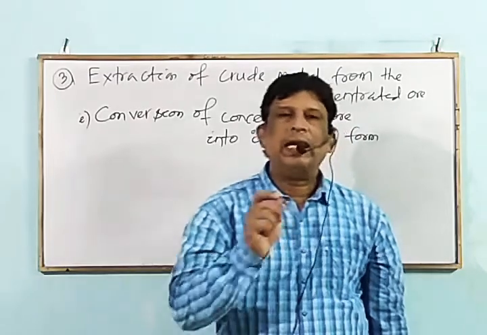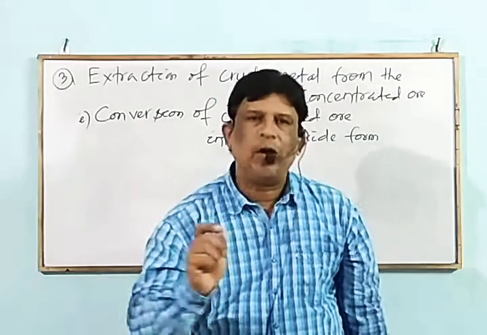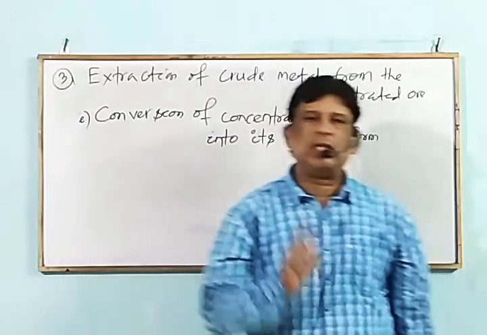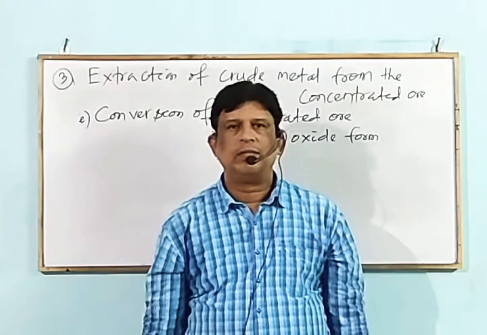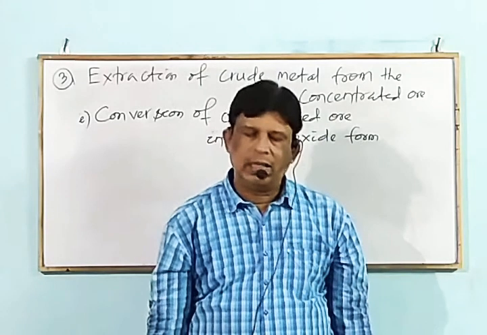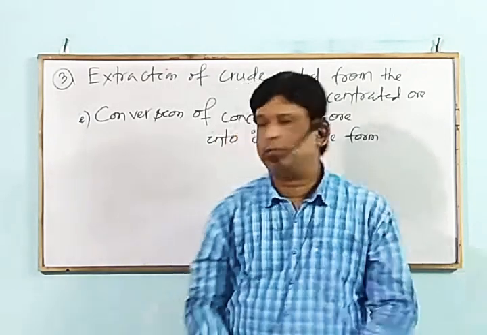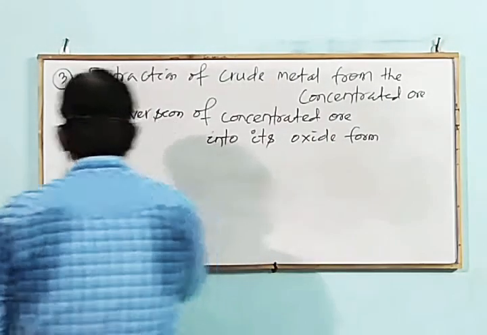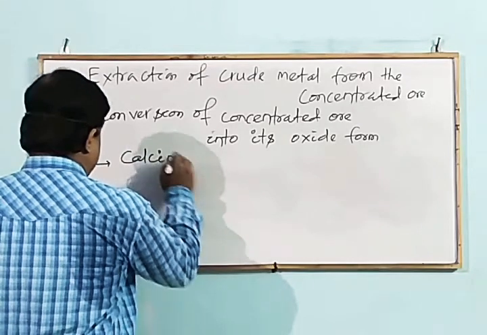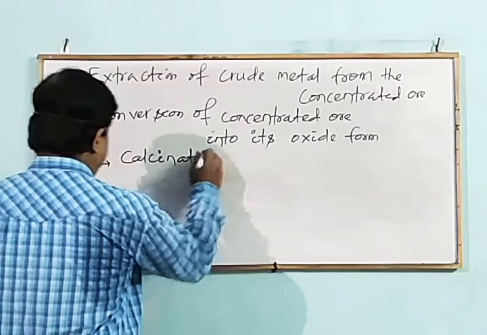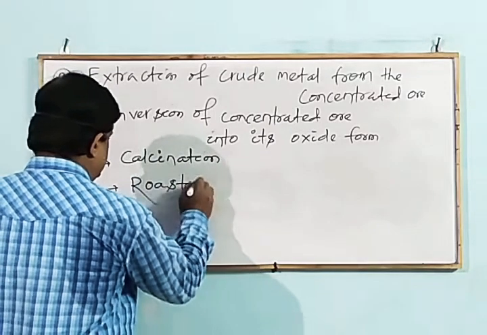Again, depending upon the type of impurities, this process is carried out in two different ways. One is calcination and another one is roasting. B1 is calcination, B2 is roasting.